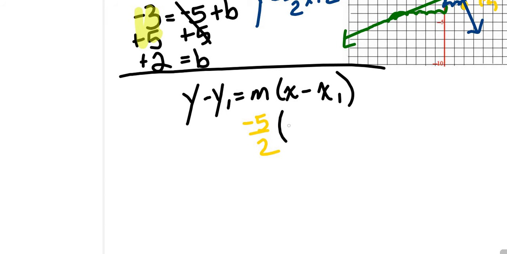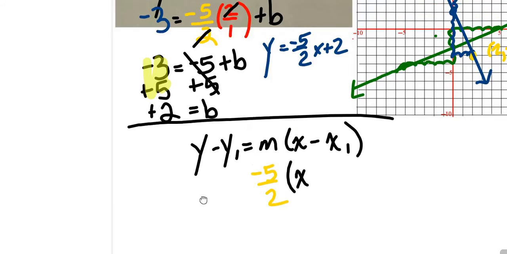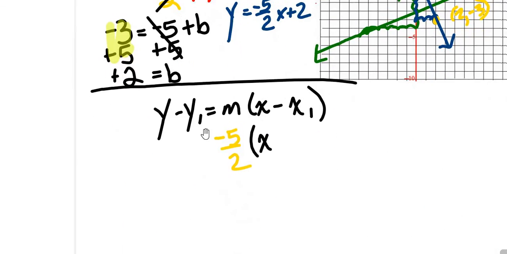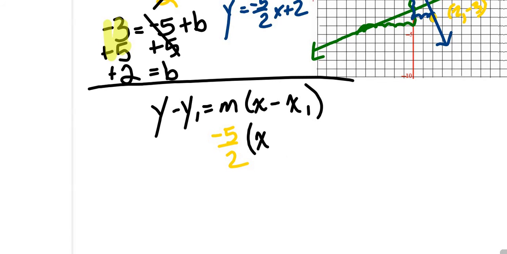And parentheses x, and your x1 is positive 2, so that would have been minus positive 2 right there, equals y, and it's minus negative 3.